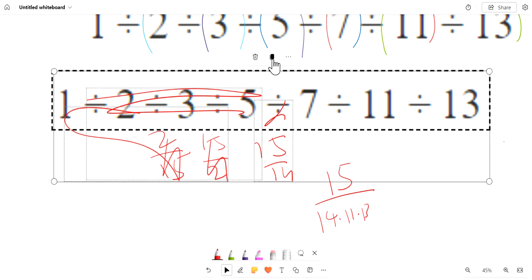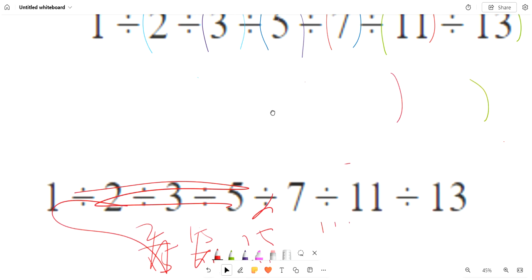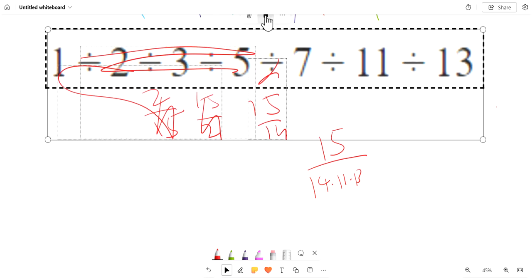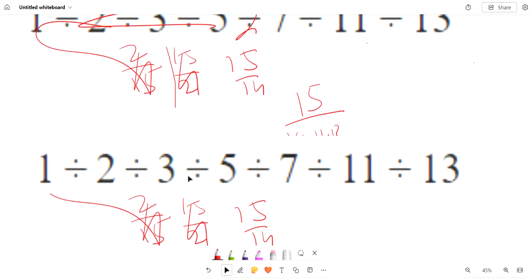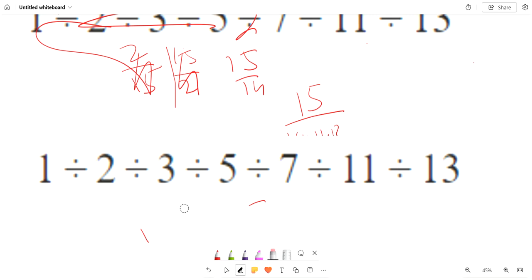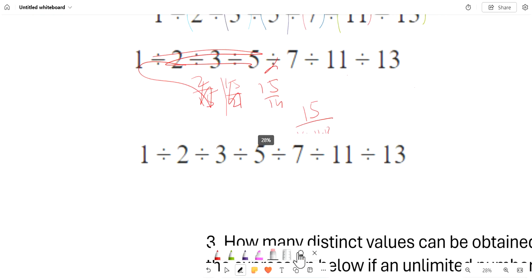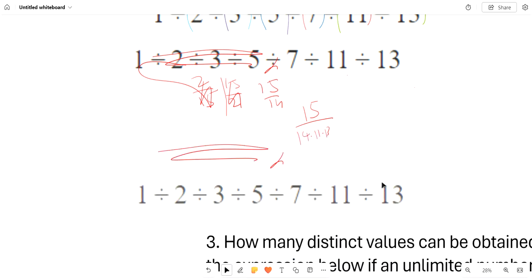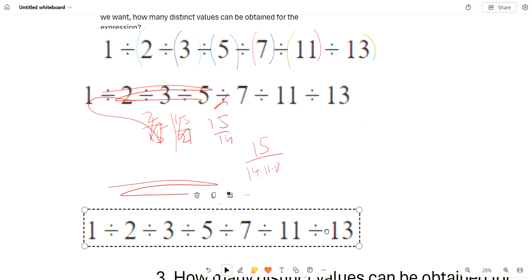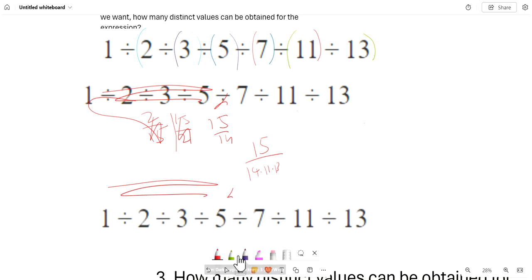Now, if we were to just include the green parentheses, for example, so basically just these ones, then it would produce a whole different solution because just 1 divided by 2 divided by 3, 11 over 13, and then 1 divided by 2 divided by 3, and it creates a whole different solution.